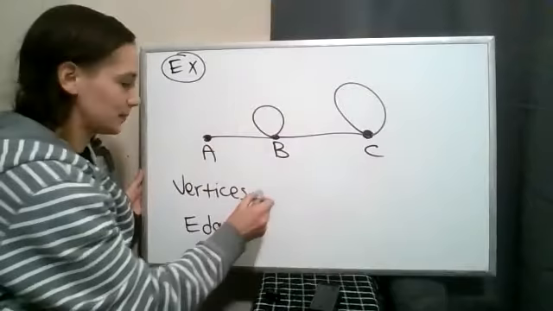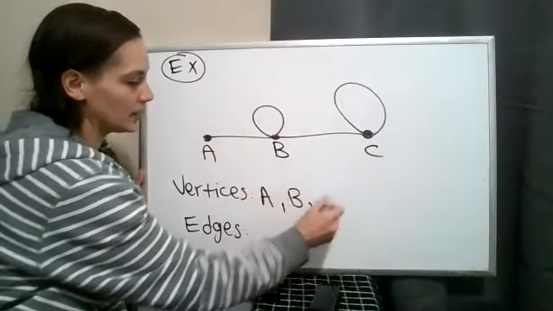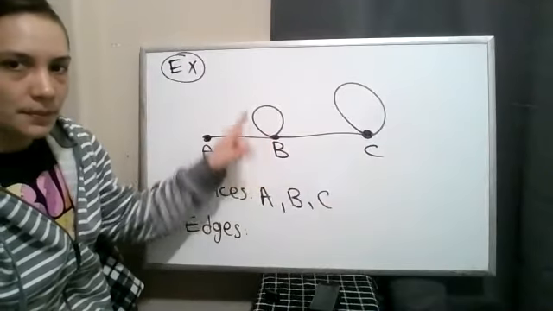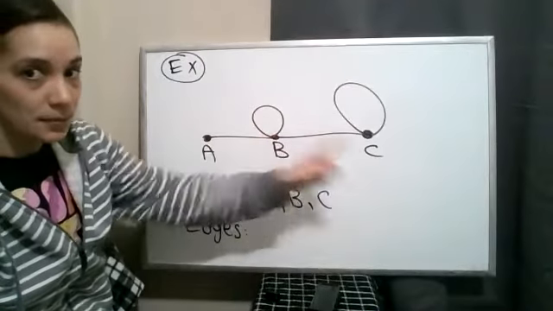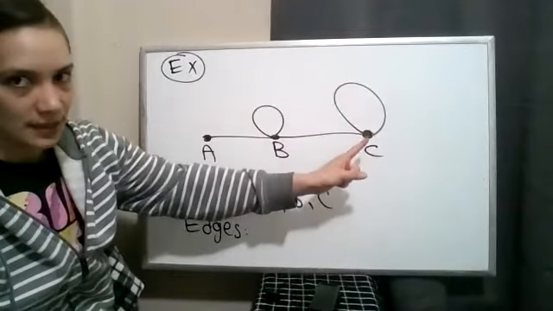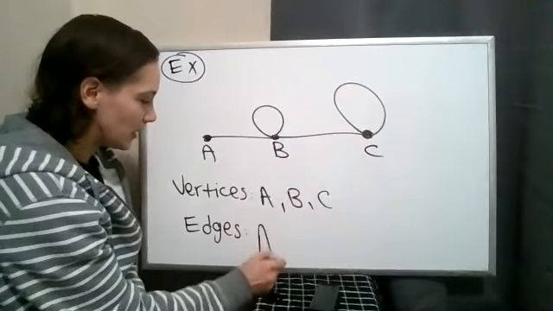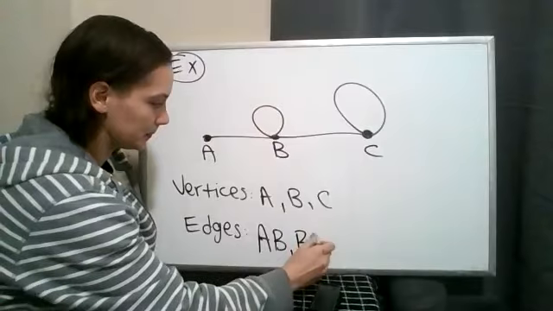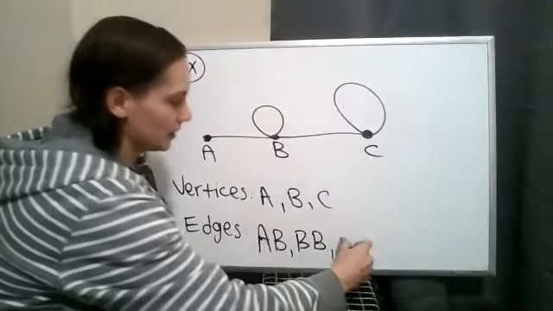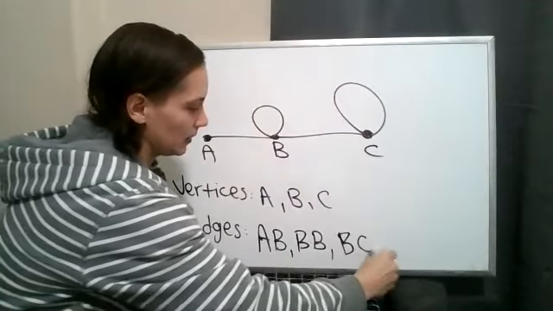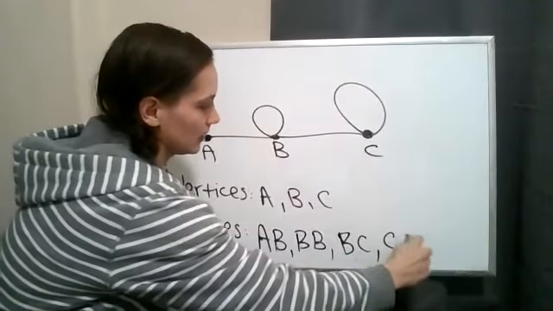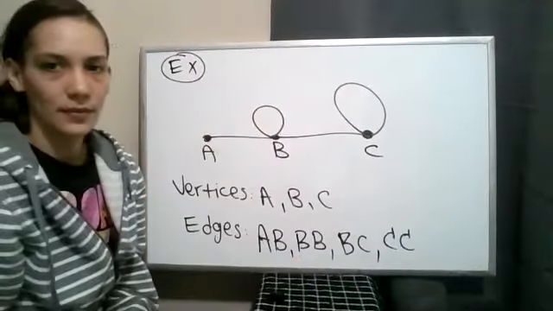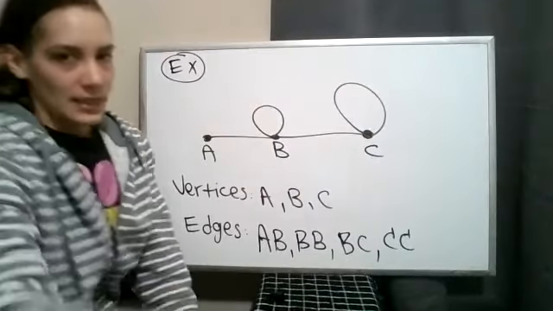List of vertices: A, comma B, comma C. We have A to B, B to B, B to C, C to C. Let's go on.